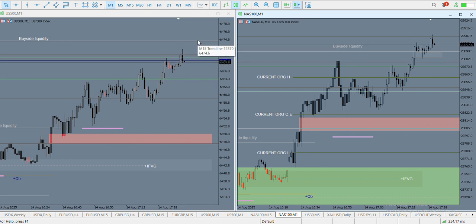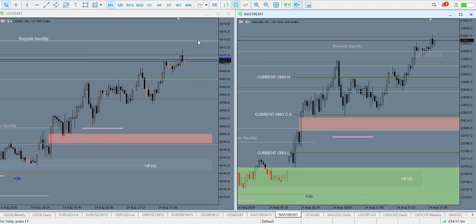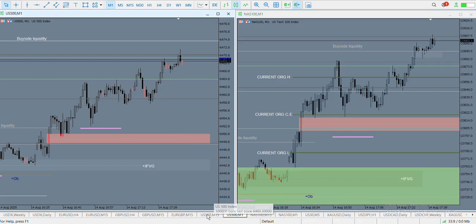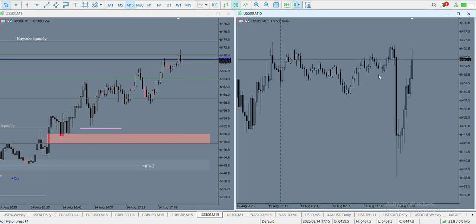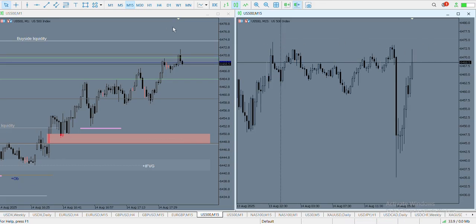So I want to see price run into 6,474 and maybe reach into 680 if we're really bullish. If you look at a 15-minute chart for US 500, we still have these relative equal highs here. That's what I want to see price gravitate higher into.